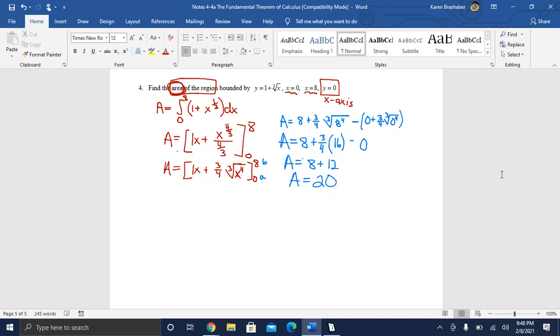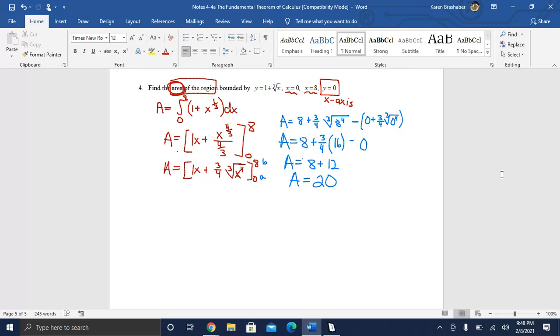I hate to tell you this, but I've had you do a lot of work here. And you have to admit that this is better than doing the limit definition. But even better than that, your graphing calculators will actually evaluate area under a curve.